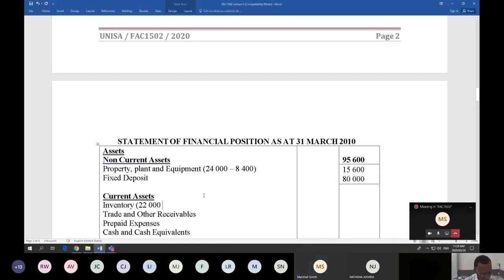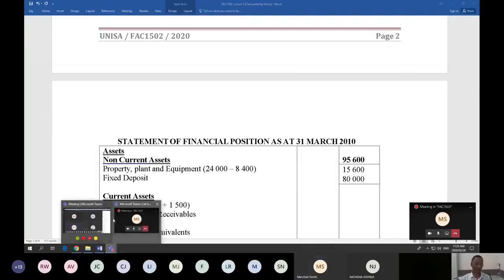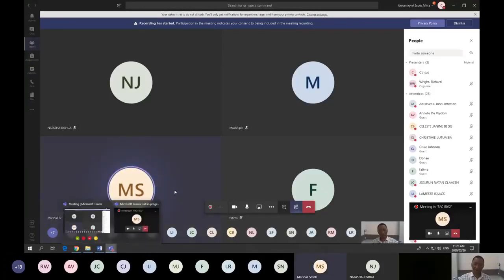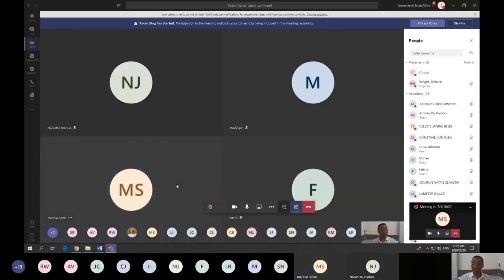Now, from your adjustment, you will recall that there was 1,500 Rand of stationery that was still left at the end of the year. So if you want to show what is the value of your inventory, you've got stock on hand and you've got stationery on hand. And that all falls under the category of inventory.